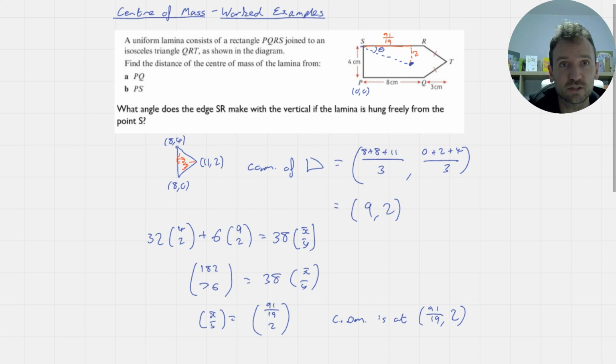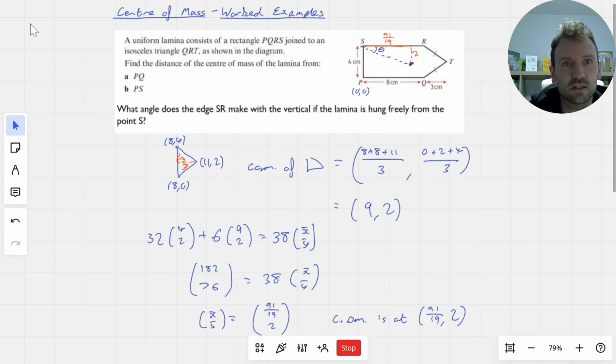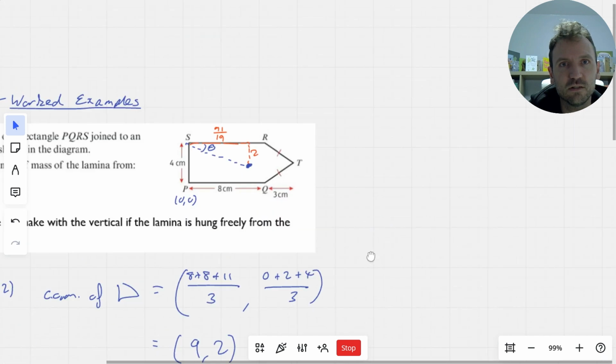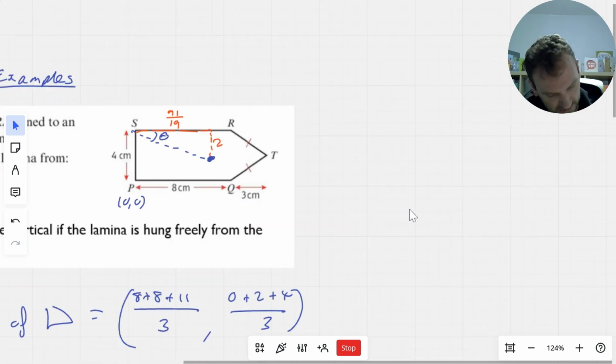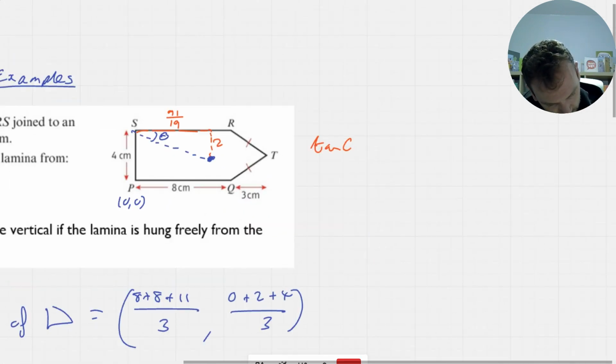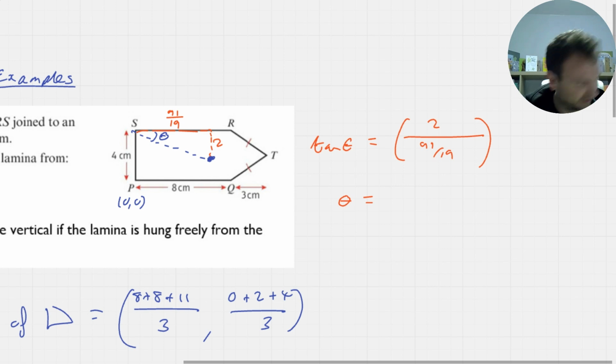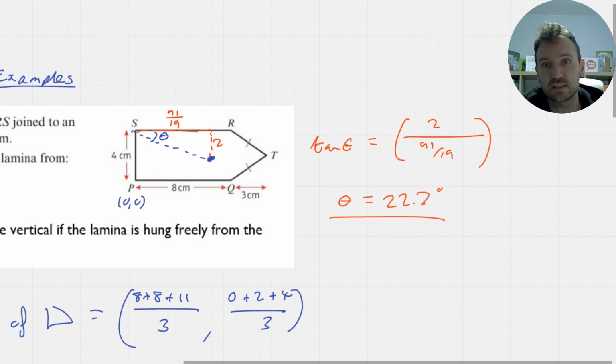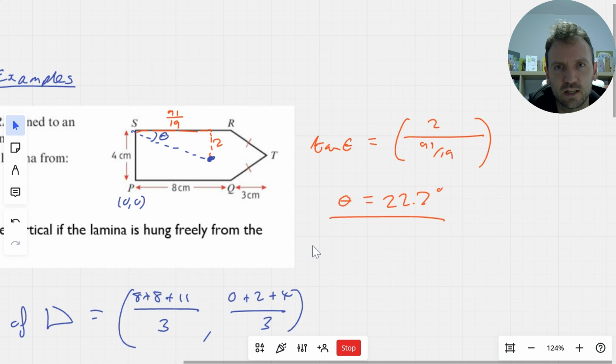So this now just becomes a pure trig question. We're going to say that tan theta is equal to opposite over adjacent, and we can just use this to solve for theta, and we'll get 22.7 degrees. So that's the angle that it's making with the vertical there.